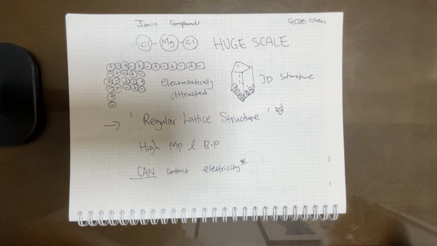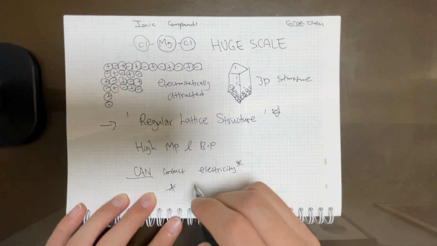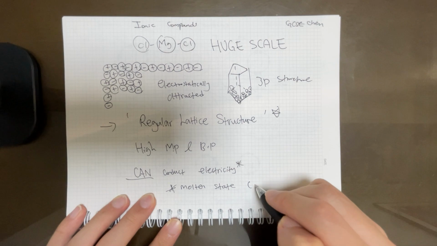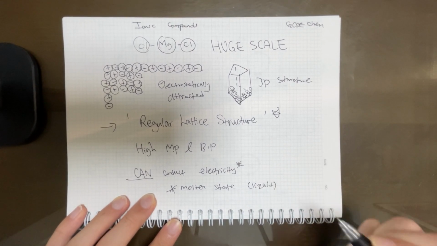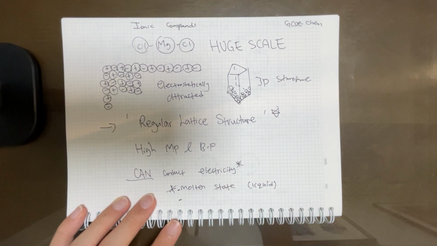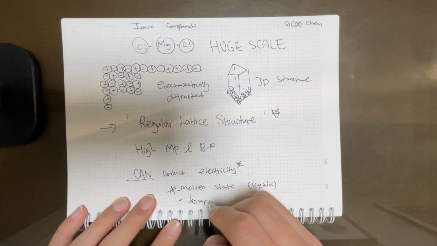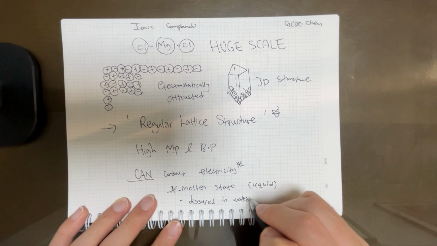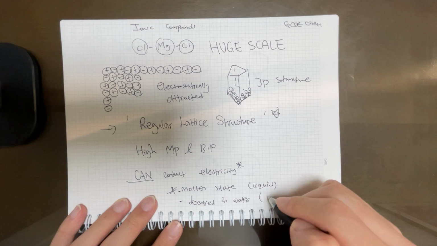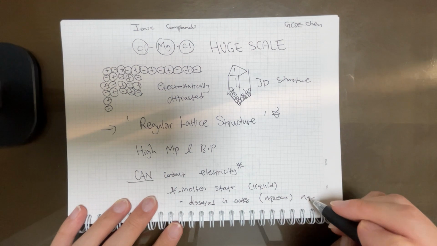It can conduct electricity, but it either has to be melted, so in a molten state, i.e. a liquid, or it needs to be dissolved in water. So the ionic compound, this 3D regular lattice structure, needs to be dissolved in water, forming an aqueous solution, which is also written by the acronym aq.